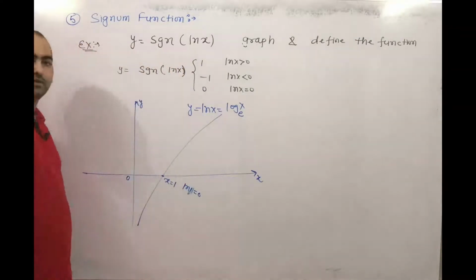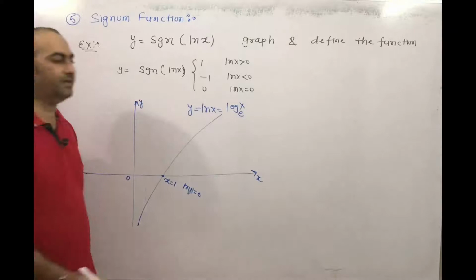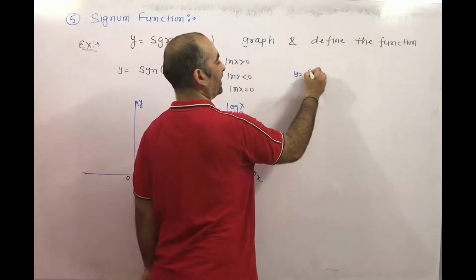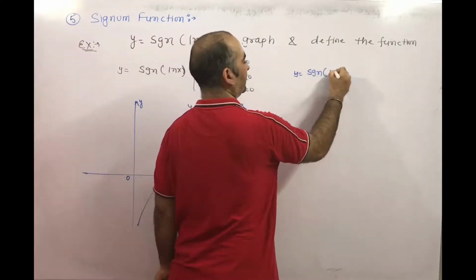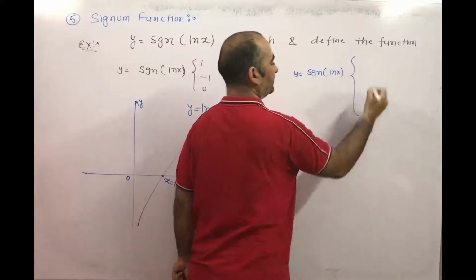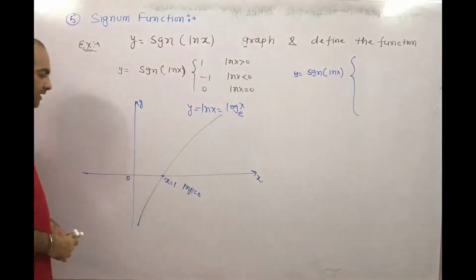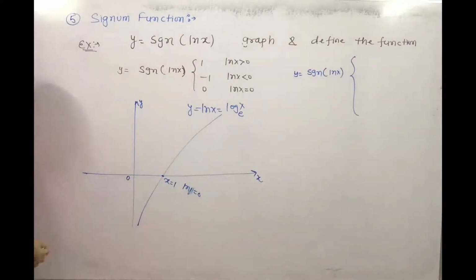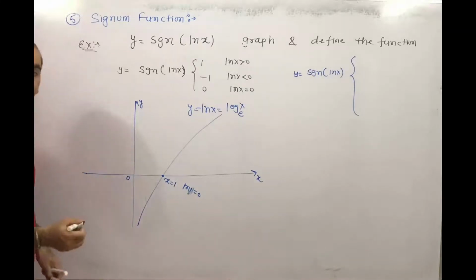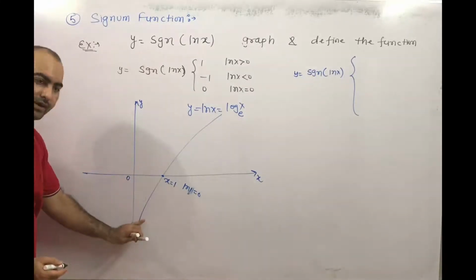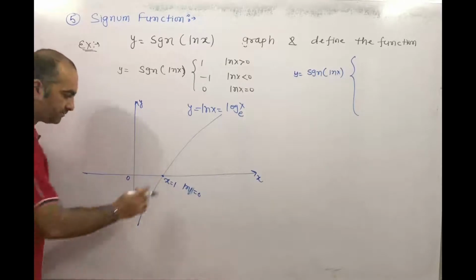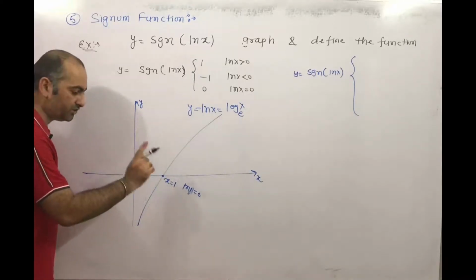So how to define this function? Directly we can define y equal to Sgn of ln x by the graph. If x is 0 to 1, except 1, then ln x is negative. At 1, ln x is 0.